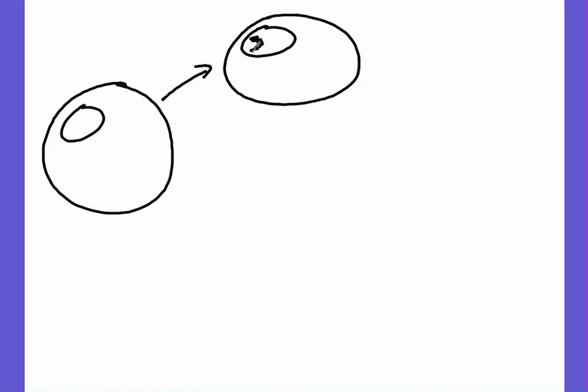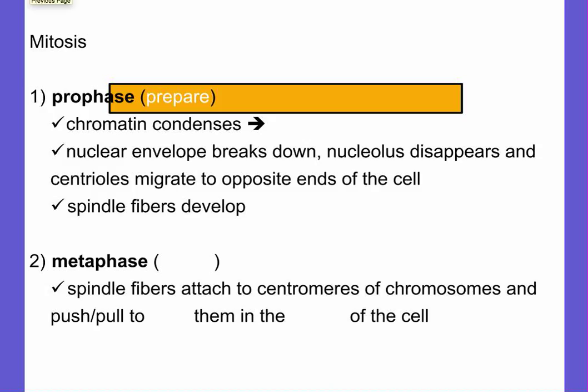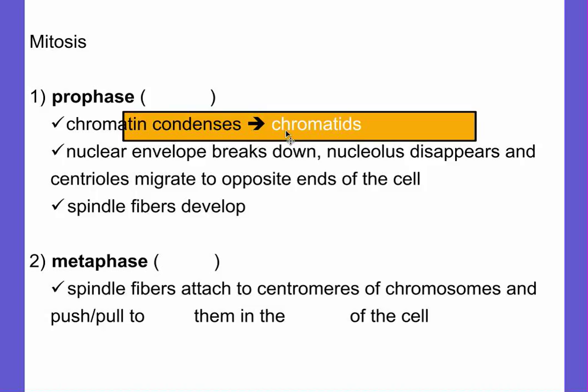One of the first things that happens from interphase entering prophase is that DNA condenses so that you can see it. So I have those characteristic X's for my chromosomes in here. I can see my DNA where I couldn't see it before. So if I go back a slide here, that DNA, the chromatin, is going to condense so that now I have those chromatids that I can see.